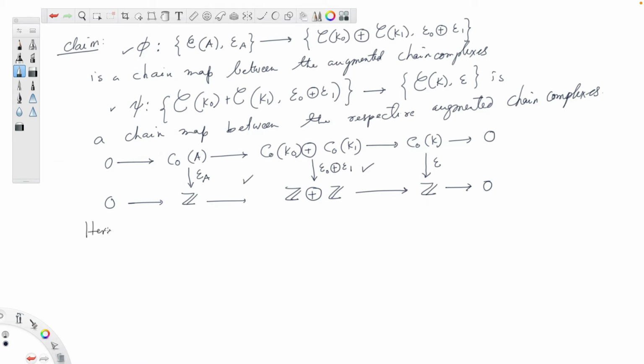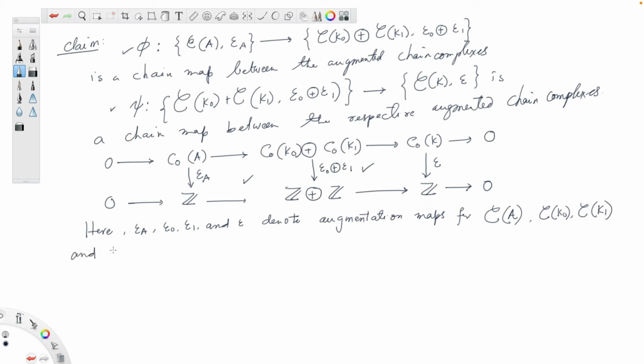Okay, so here epsilon A, epsilon 0, epsilon 1, and epsilon denote augmentation maps for the chain complex C of A, the chain complex C of K0, the chain complex C of K1, and the chain complex C of K, respectively.